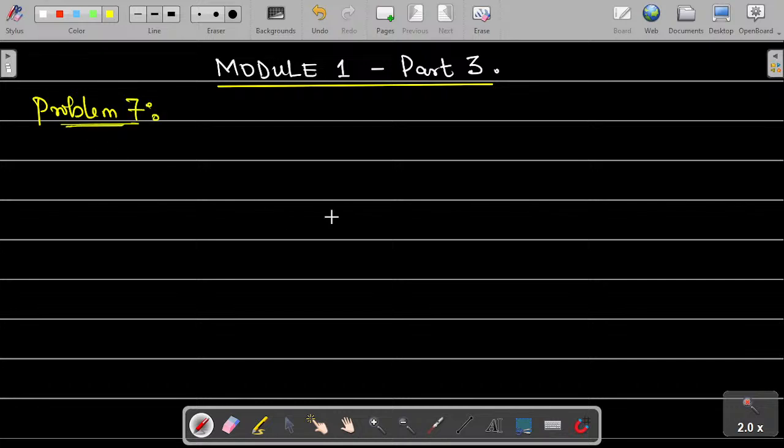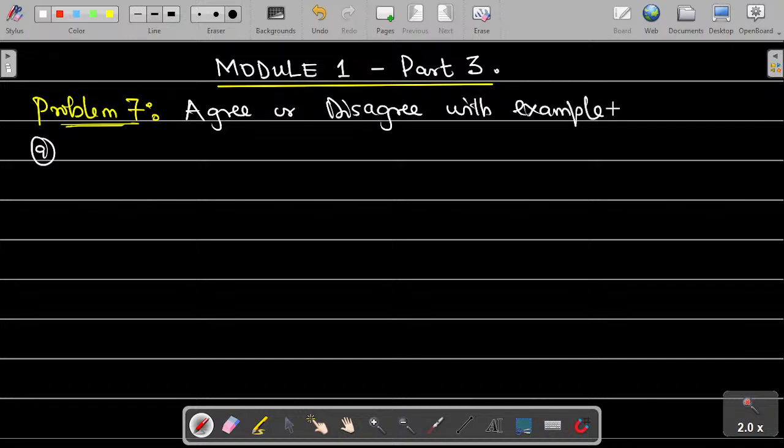Okay, so let's see. 7 says, with a very good example, agree or disagree with each of the following. In other words, we are going to use examples to show whether we agree or disagree.